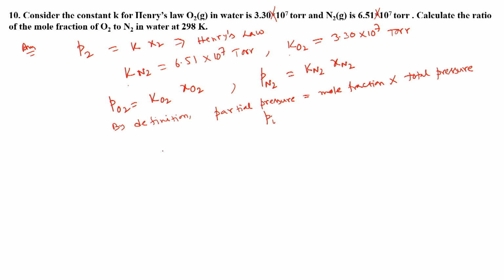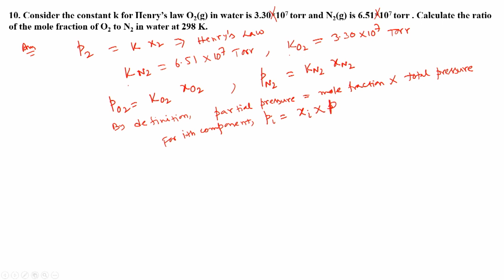So for the ith component, if we consider xi the mole fraction of the ith component, and the total pressure is P, then Pi is xi times P, right?